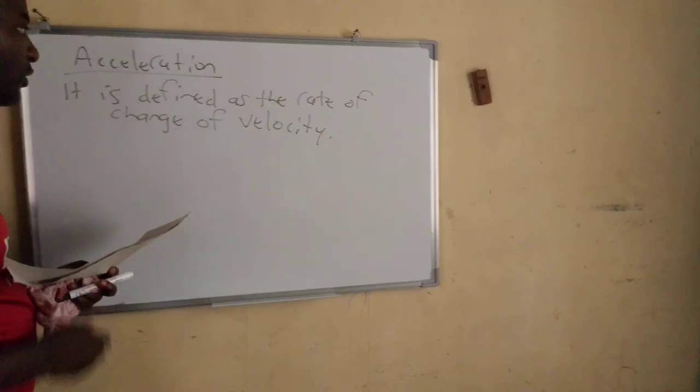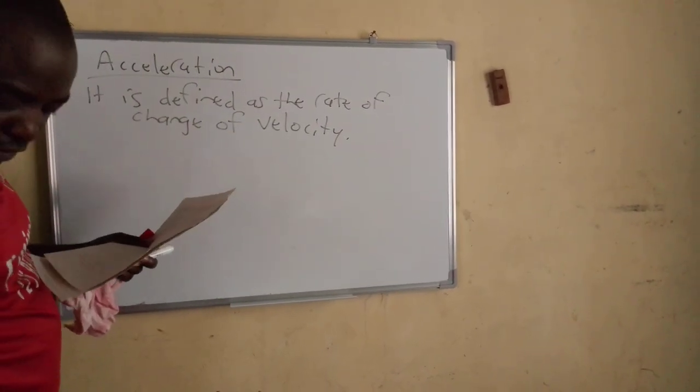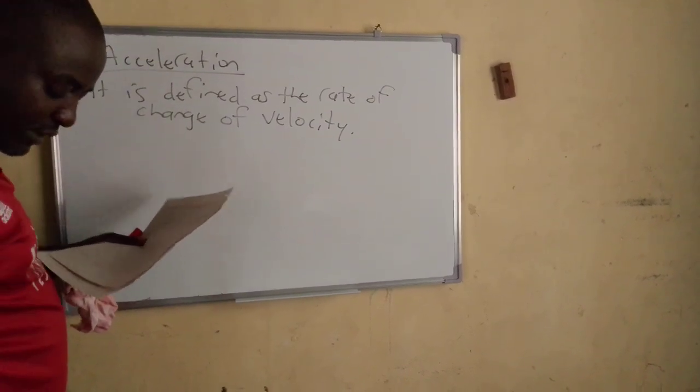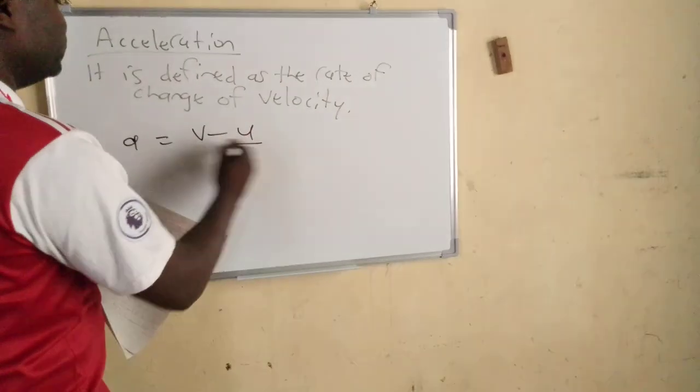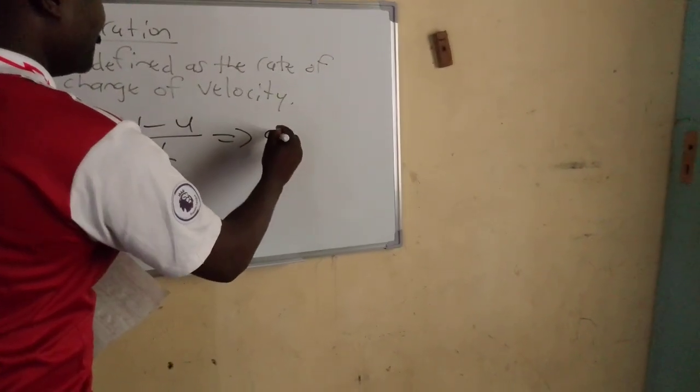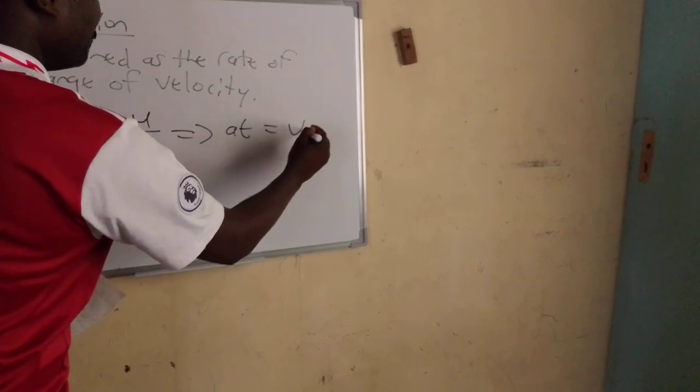So basically, acceleration a is equal to (v minus u) over t. This brings us to at equals v minus u.